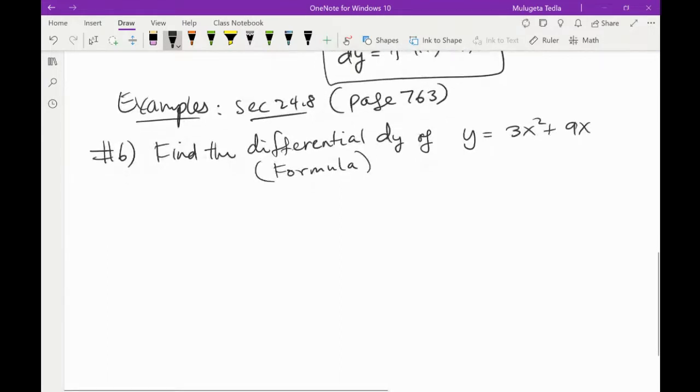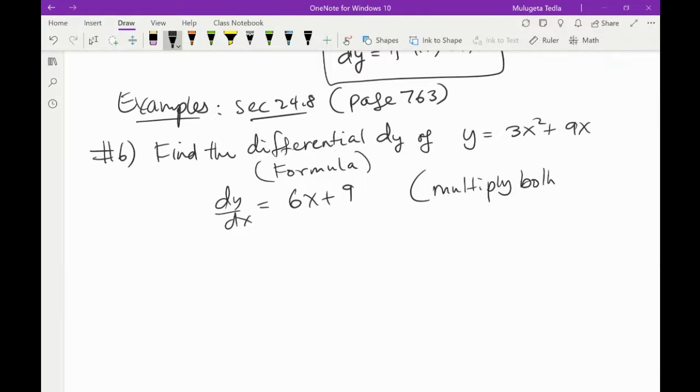So what is the derivative? Remember, dy by dx? dy by dx is 6x plus 9. What is the differential then? You multiply both sides by dx. Then you get dy equal to 6x plus 9 times dx.